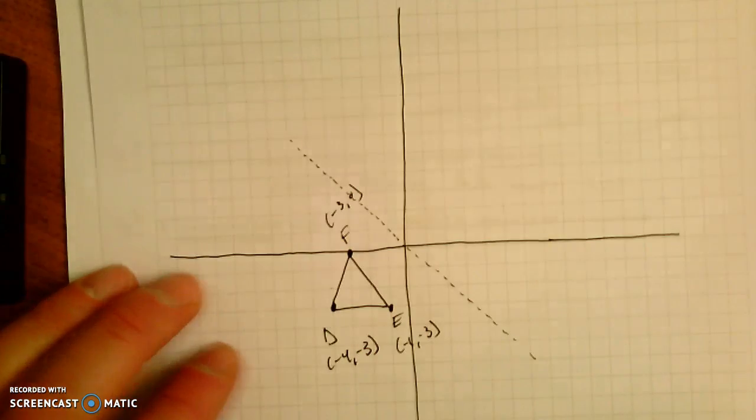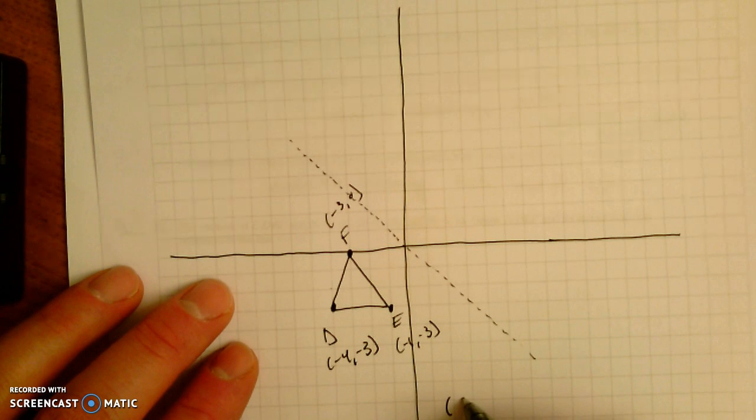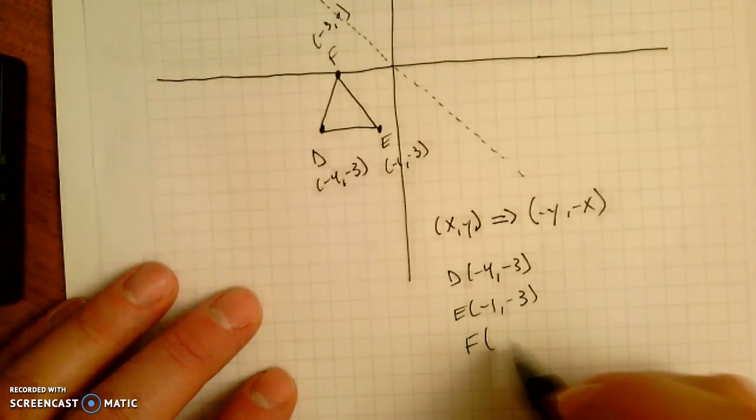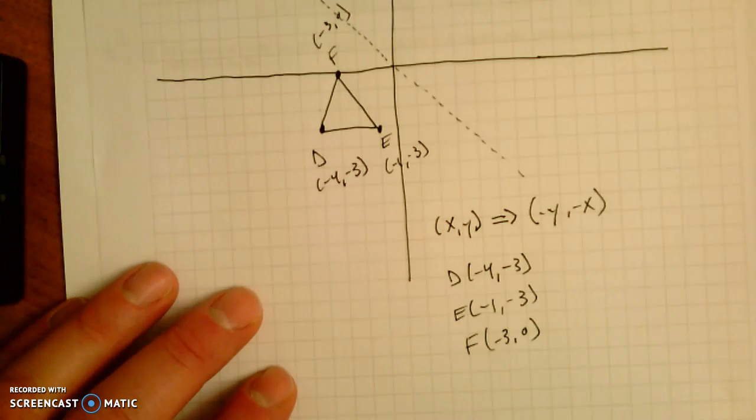And we had a rule for reflecting across that line. It was (x, y) gets mapped to, we switch the coordinates, we get (y, x), and we change both their signs. So D is negative 4, negative 3, E is negative 1, negative 3, and F is negative 3, 0.